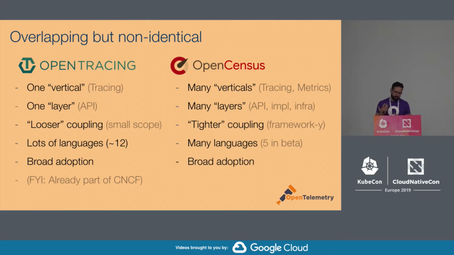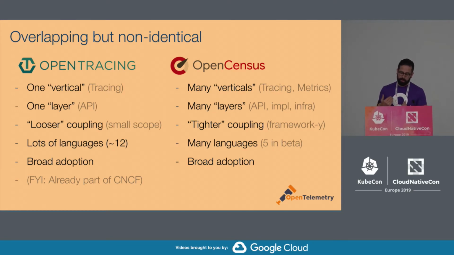OpenTracing focused on tracing specifically, and tried to solve the API layer problem by being very focused. It supported a lot of languages, had a lot of adoption, and is already a project in CNCF. OpenCensus, on the other hand, tried to focus on more than one vertical, specifically tracing and metrics, and started working on logs recently.